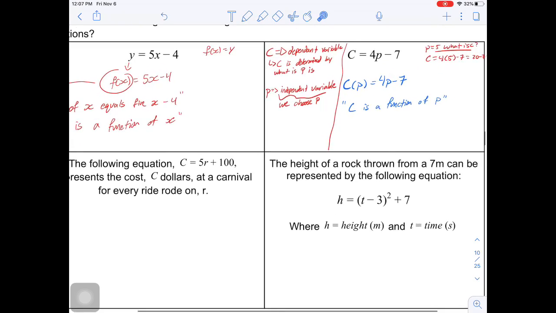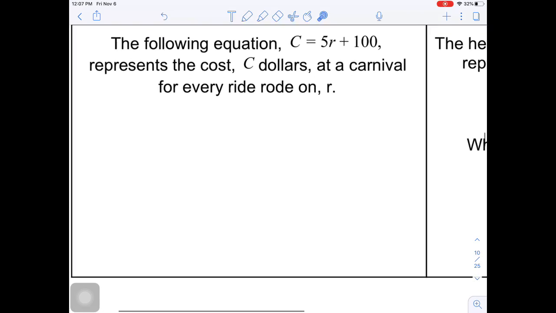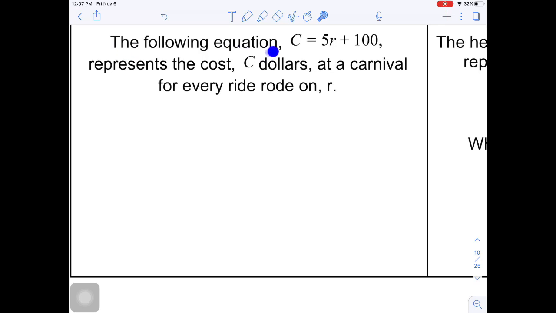Now, putting it into a real world context can be really helpful. Let's use this one. The following equation, c equals 5r plus 100, represents the cost, C dollars, so C is cost, and it's represented in money, dollars, of a carnival ride for every ride rode, R. So R equals rides taken.